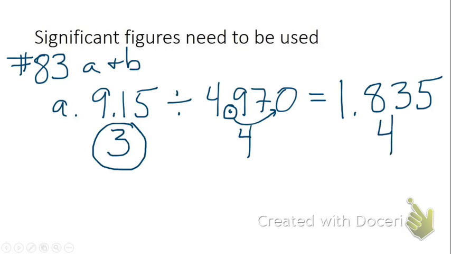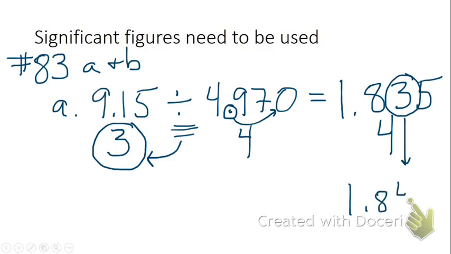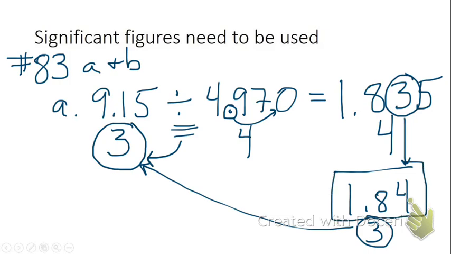But since we divided these two numbers together, we said the number with the least amount of significant figures tells us what the answer should be. So what we should do is round this 3 to a 4. And so now we have 3 significant figures which matches that number. The correct answer on an exam or a quiz would be 1.84.